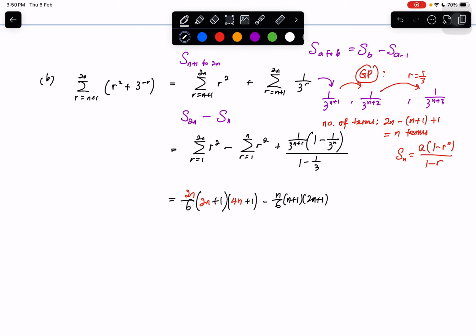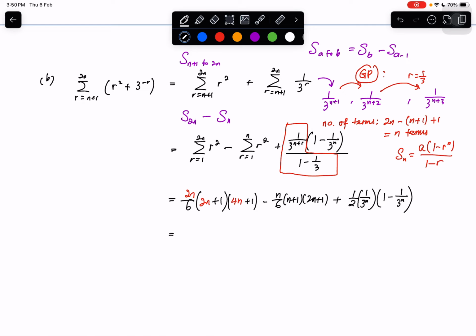Now this chunk over here, I can simplify to maybe 1 over 2 times 1 over 3 to the power of n, then 1 minus 1 over 3 to the power of n, like that. All right, then let's do some expansion.